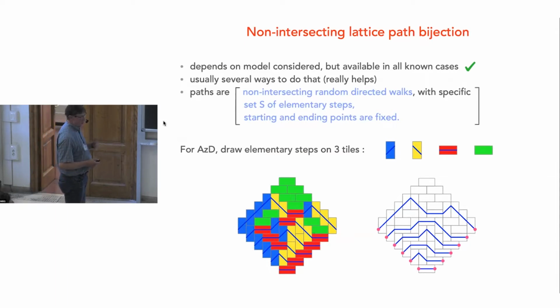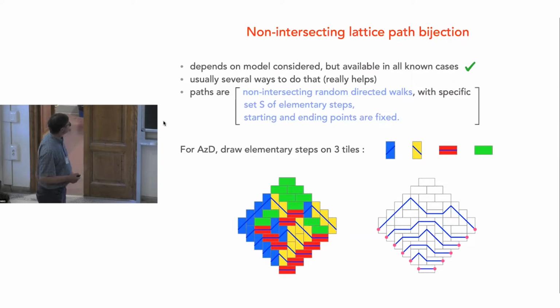There are usually several descriptions in terms of paths, and that really helps because one description will usually yield a portion of the Arctic curve, and the other portions will be obtained by using the other available descriptions. Essentially, the paths are non-intersecting, random directed walks made of a set of elementary steps with starting and ending points which are fixed, namely which are independent of the configuration you look at.